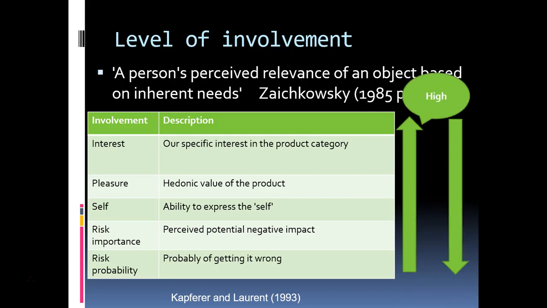As we said earlier, high involvement decisions tend to be big ticket purchases that we might only make once in a lifetime, or certainly don't make very often. They're infrequent. It might be a car, buying a house, or booking a holiday, which we might do once a year or a little more often.